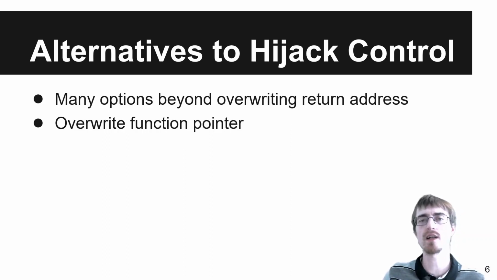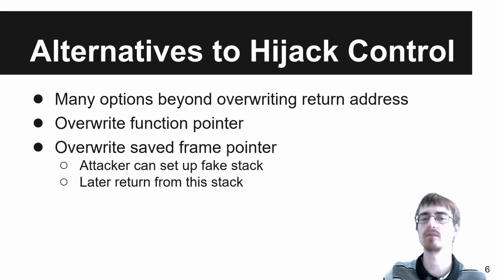Now if you overwrite a function pointer, the impact is very similar to overwriting the return address. Instead of having overwritten the code pointer in memory that is used on the return instruction, now this pointer is used in an indirect call instruction, which fetches the target of the call from memory. This target is now corrupted, so it's going to call whatever function the attacker wanted to call instead.